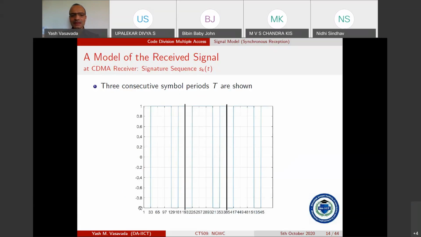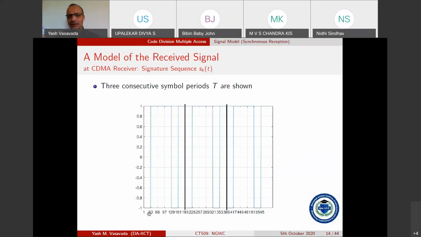It's essentially a waveform with +1 and -1. It can take some other shape in other examples, but this is probably the most typical example where S of k is taking values which are either 1 or -1.